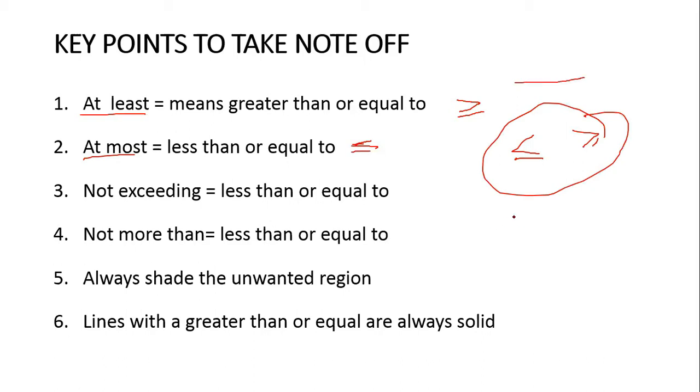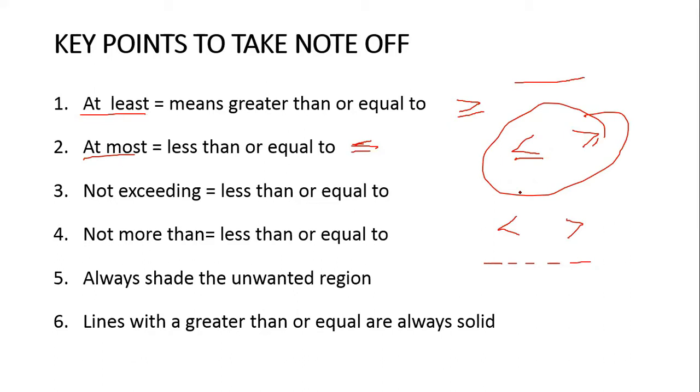But if you find a line which has either that symbol or this symbol, then it is going to be dotted. It is going to be a broken line like this. So that is the difference between these two lines. As long as you take note of these points, it is going to be easier for you to handle the questions.